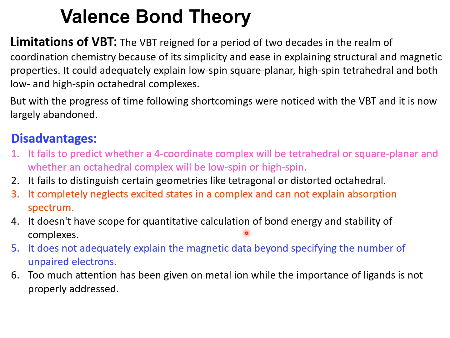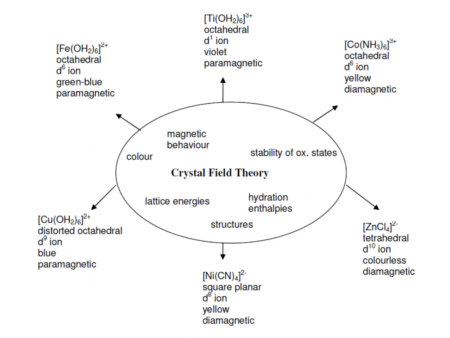It does not have scope for quantitative calculation of bond energy and stability of complexes. It does not adequately explain the magnetic data beyond specifying the number of unpaired electrons. Too much attention has been given to the metal ion, whereas the importance of the ligand is not properly addressed.